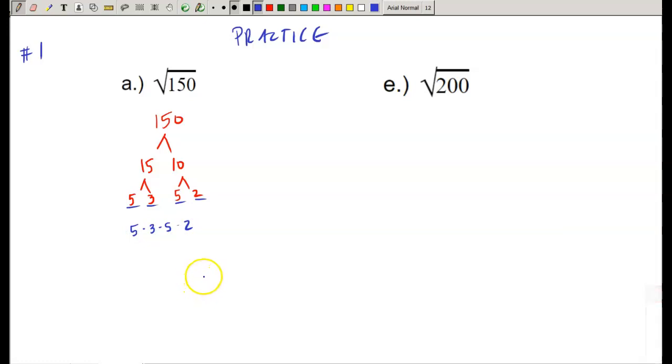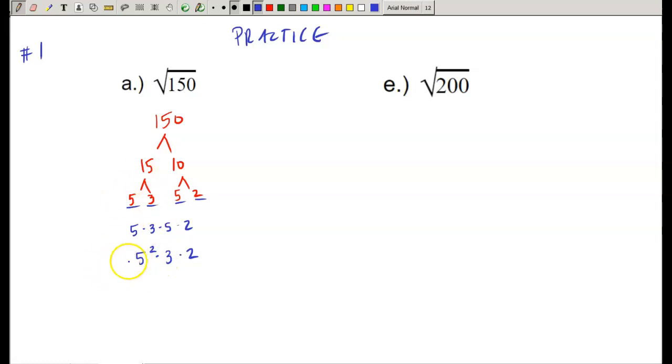But really we want to look for things that are squared. So I could rewrite this. You can see we have 2 5s. So I could write this as 5 squared times 3 times 2. And since this 5 right here is squared, I'm going to be able to pull out a 5 of the square root.